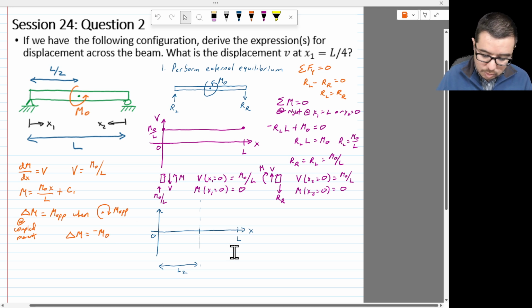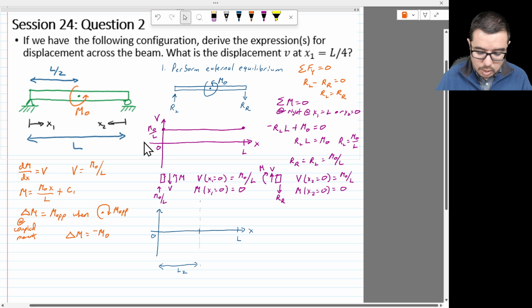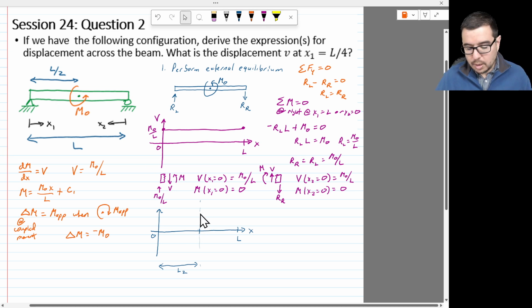Now, you could say, well, looking at it, it's going to be symmetric. So I've got to start halfway up, at M naught over 2, and I'm down at minus M naught over 2 when I'm done.